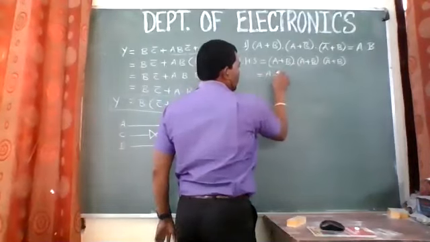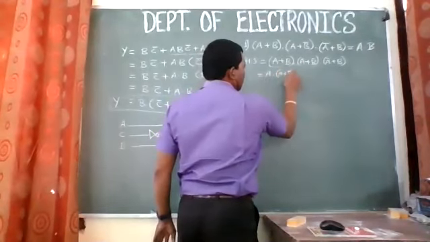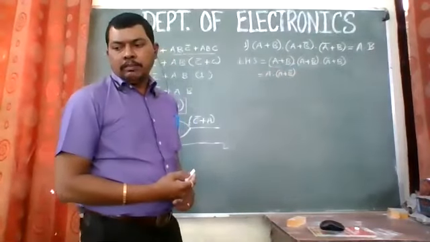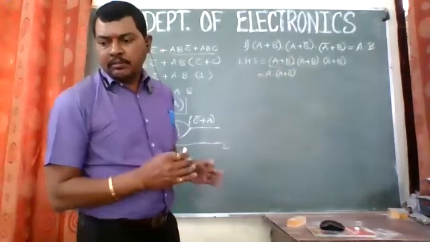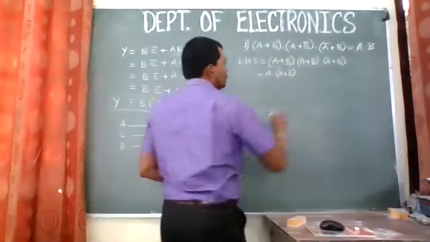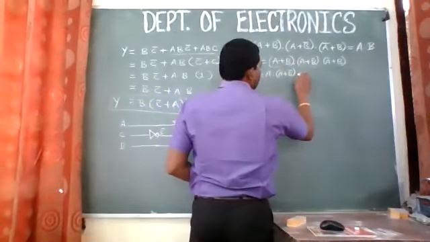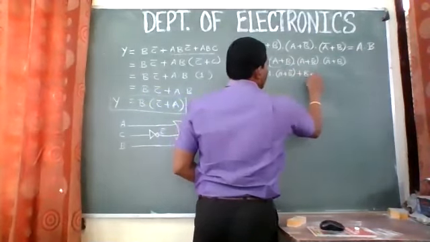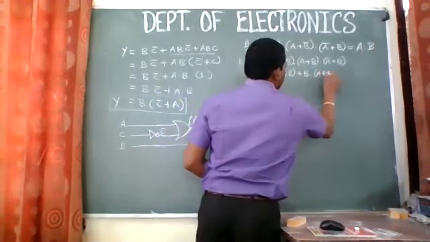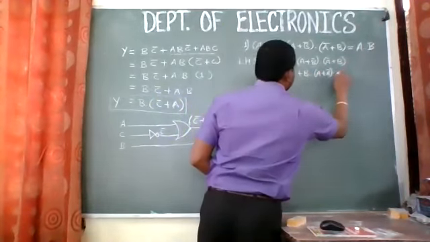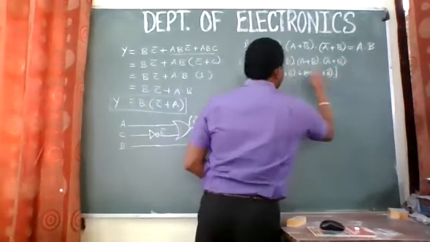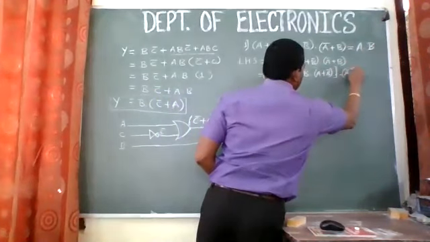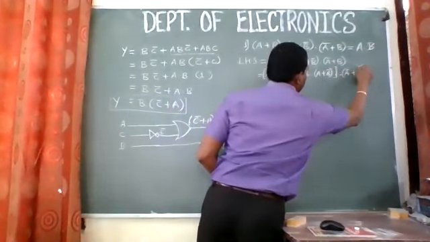So (A plus B) dot (A plus B bar), right? A dot (A plus B bar) plus B dot (A plus B bar), and this bracket I will keep as it is, in a big bracket, dot (A bar plus B).